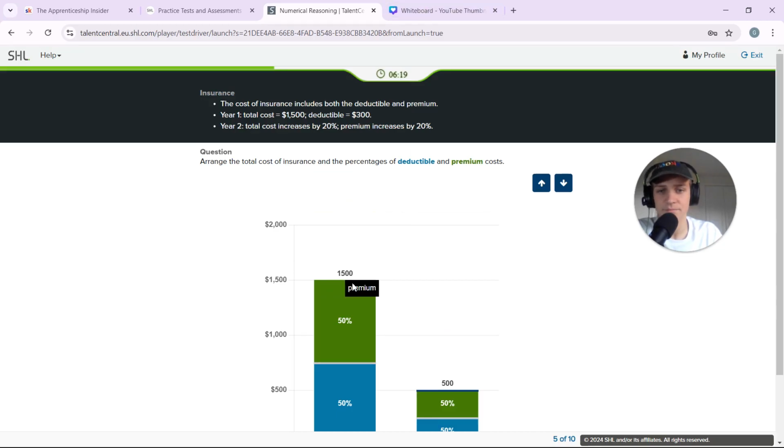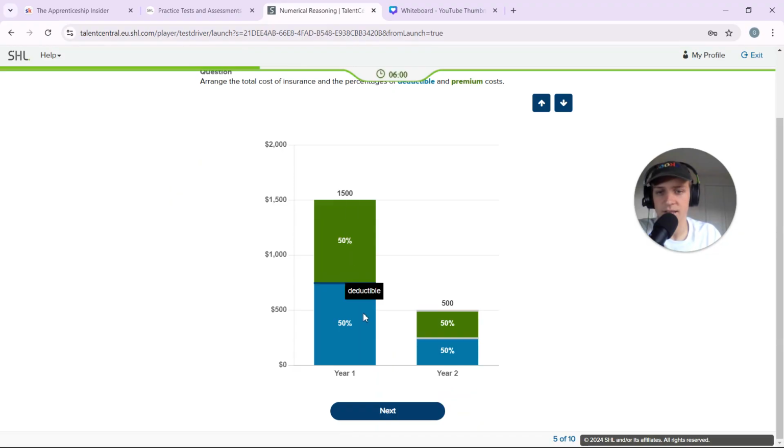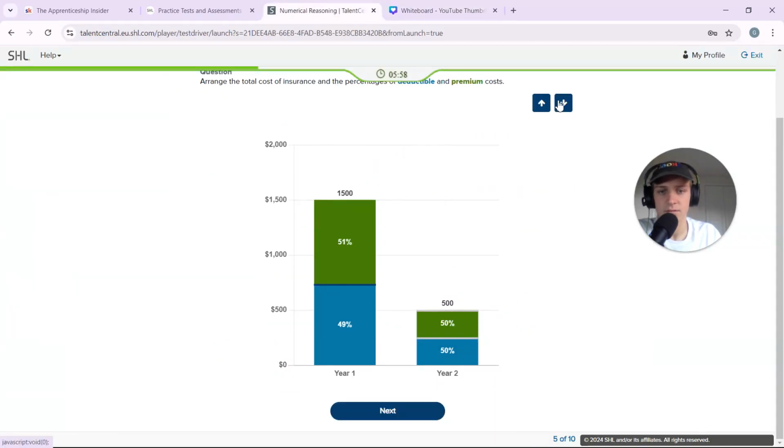But essentially, what you do is 1,500, you do 1,800 for the other one, and then in terms of these, again, you need to work out the percentages. So you do 300 over 1,500 times 100, and that would be like 20%. And then you'd go and put that in, so 1,500, and then you'd put year 1 deductible is 20%, so you'd come down and you just spam this button for ages.